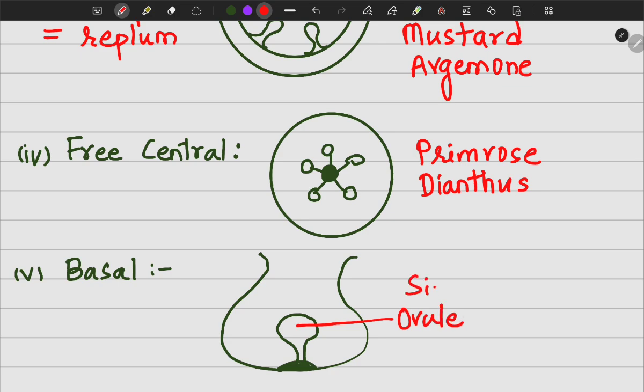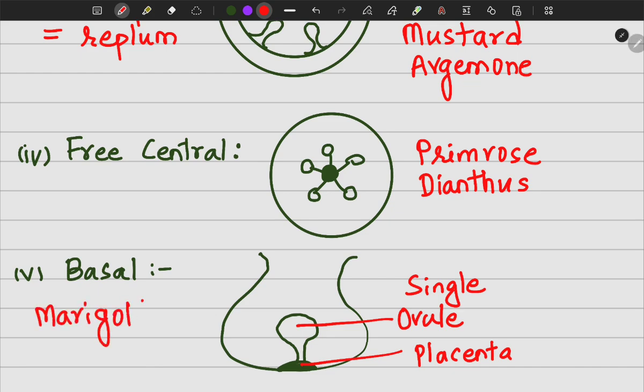Single ovule is usually attached to the placenta, which is formed at the base of the ovary. This kind of placentation is called basal placentation. Alright, the examples for basal placentation are marigold and sunflower.